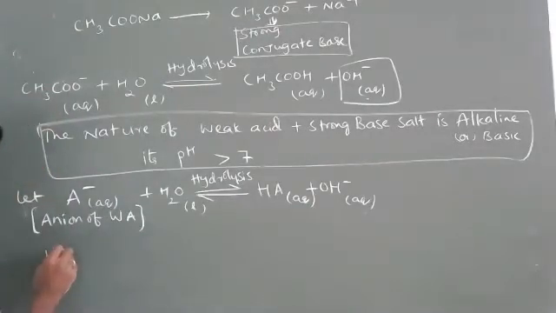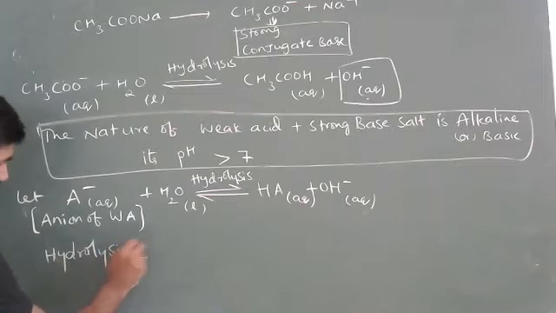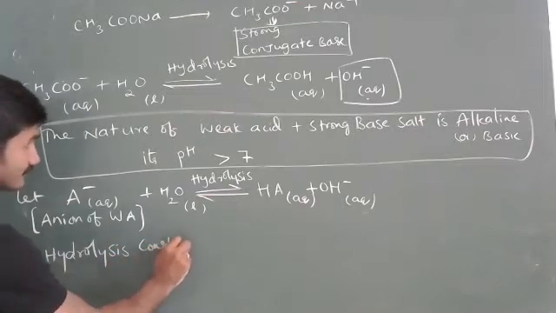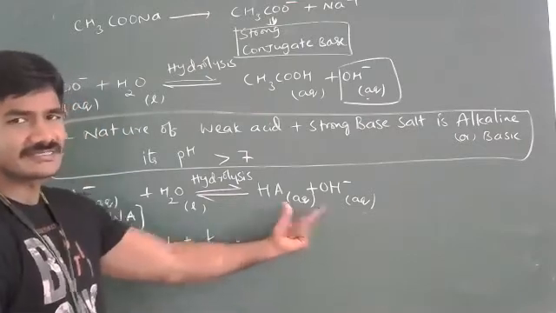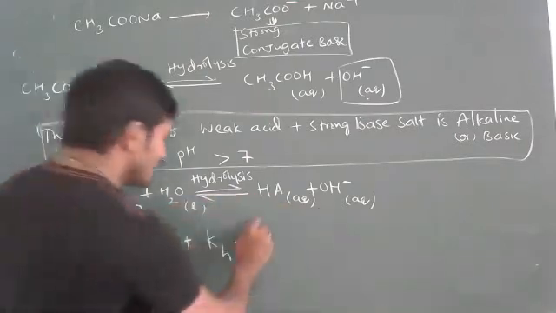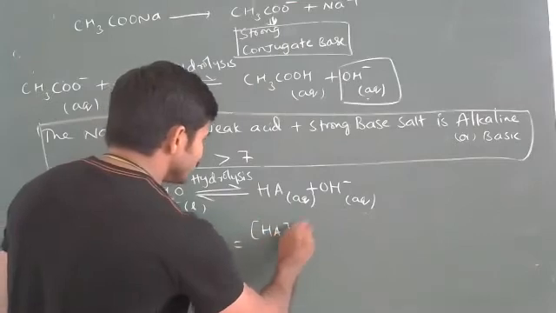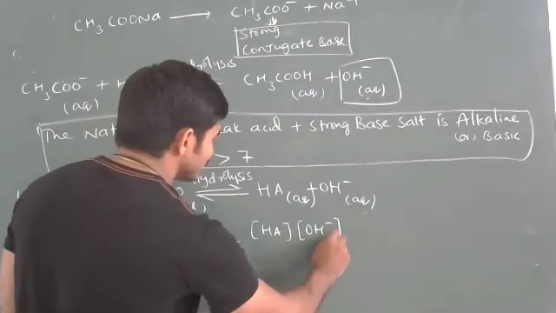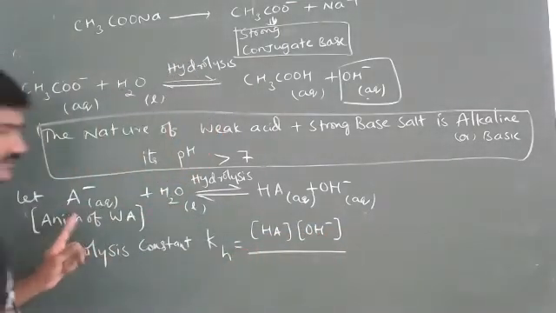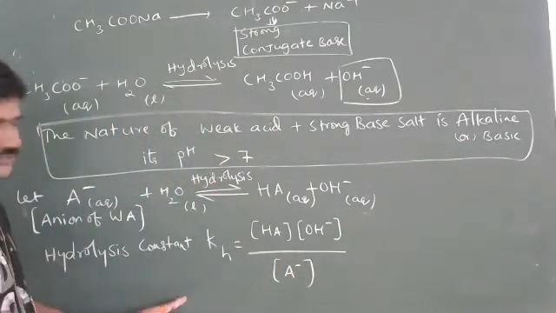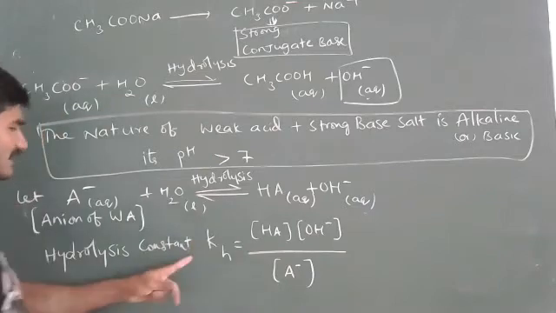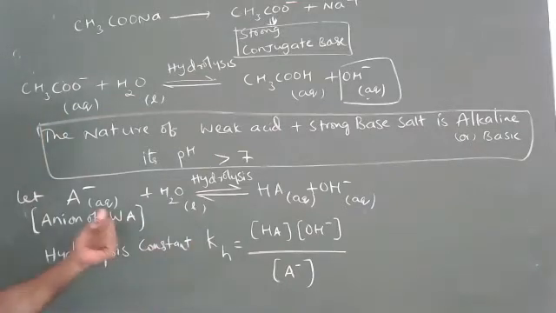So I write it here: hydrolysis constant KH is equal to product concentration by reactant concentration. Products are HA into OH minus, divided by the reactant, A minus. So this is the equilibrium constant or hydrolysis constant for this.